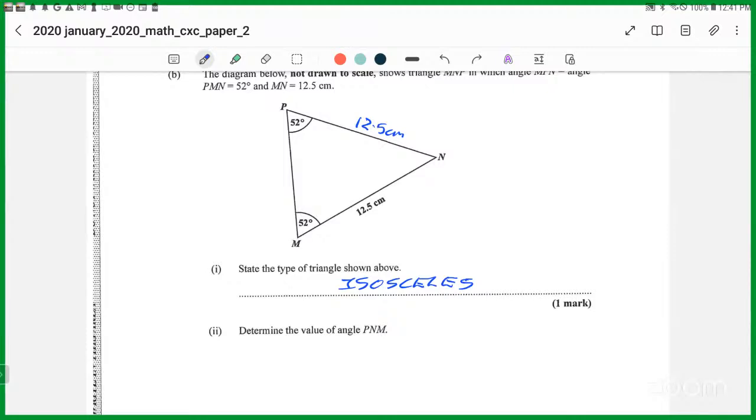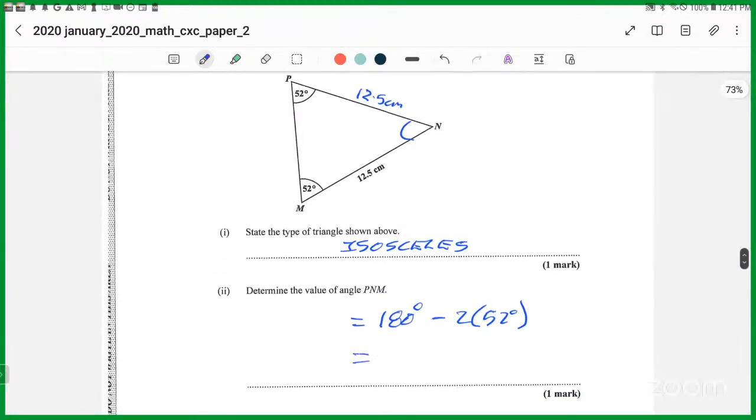So this angle here is 180 degrees minus 2 times 52. There are two of them, 52 and 52. So what is that? That's 104. So 176.